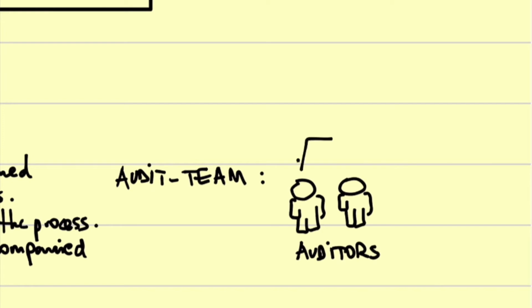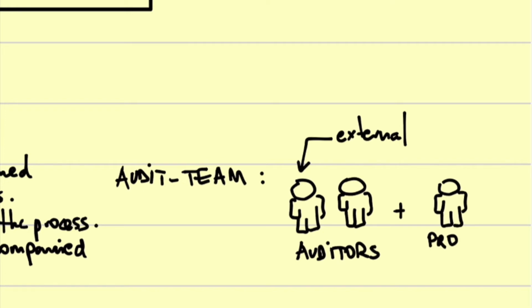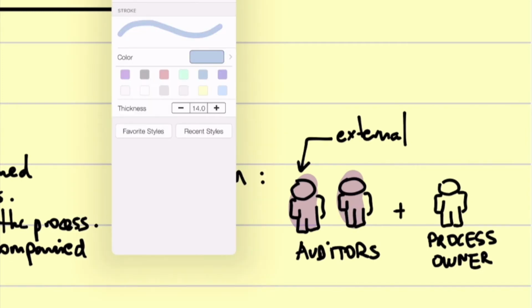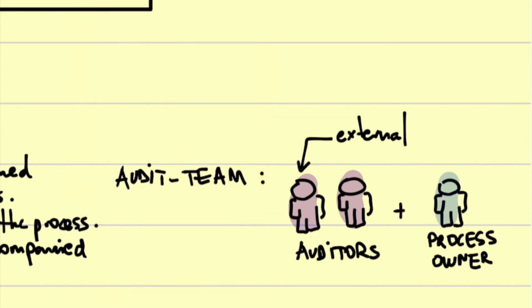One needs to be external to the process, plus another person who is the process owner of the process that is being audited. So if it's the factory manager or production manager or whatever. Okay? So this is the first. Who does the audit?